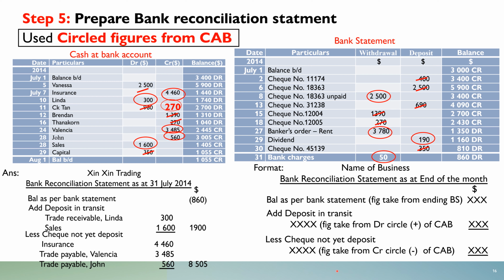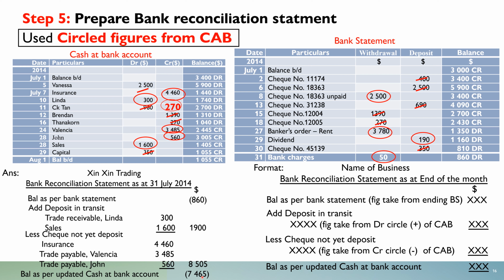Then now go back to our format. We have to end this bank reconciliation statement with the line called balance as per updated cash at bank account. According to our answer here, minus 860 plus 1,900, then minus 8,550, we get a balance of 7,465 balance as per updated cash at bank account.